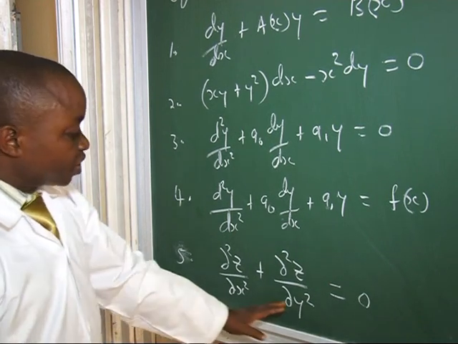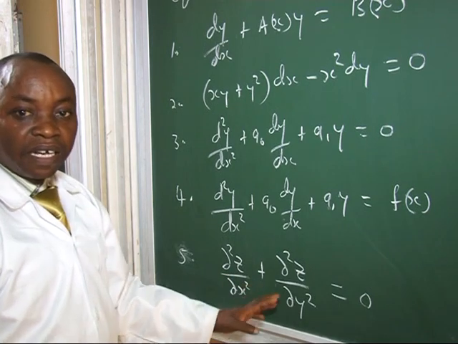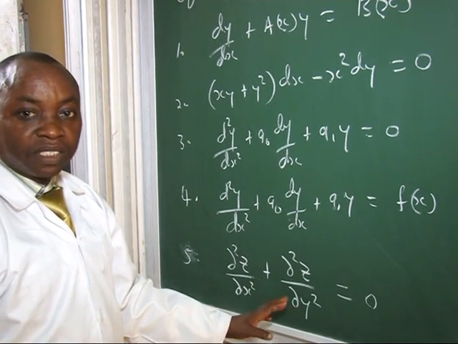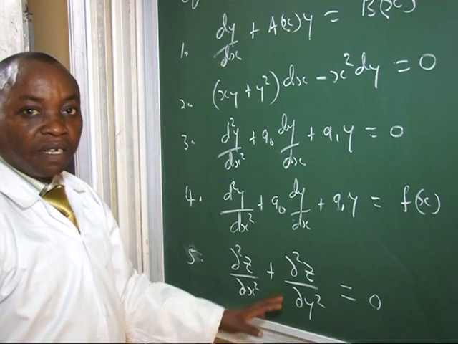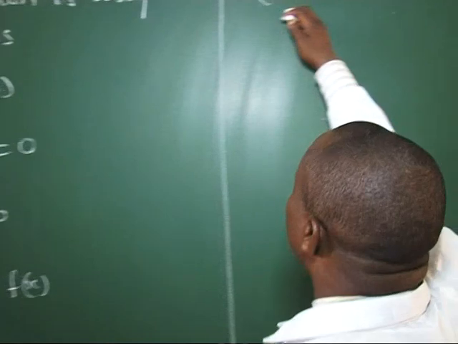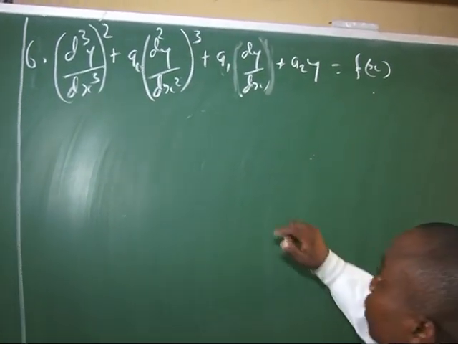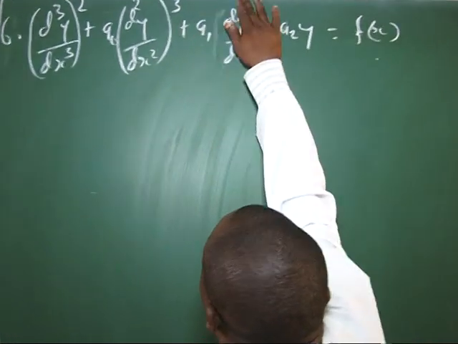Then we have differential equation number 5, which is second order partial. See, this is partial. Second order partial differential equation. Now we have differential equation number 6. This is third order.